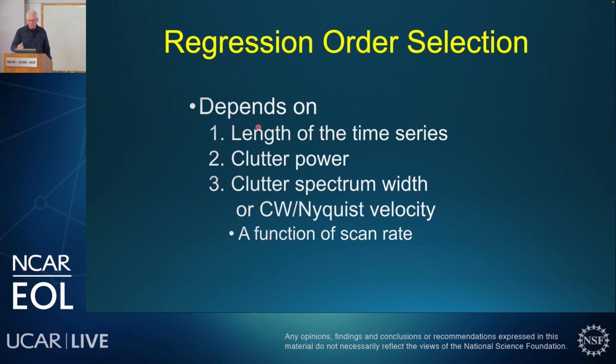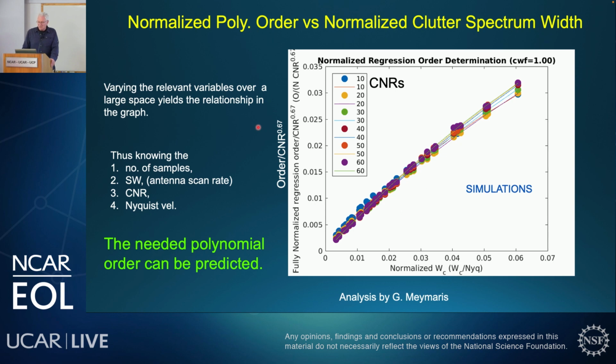As it turns out, we know all that stuff before we start our scan, or as we start our scan, and for each individual resolution volume, you can take a look at the signal that's around zero velocity with a couple different techniques, and you can determine how much clutter is in each spectrum. This is some nice work done by Greg Meymaris, and this is how we select our polynomial orders for each resolution volume.